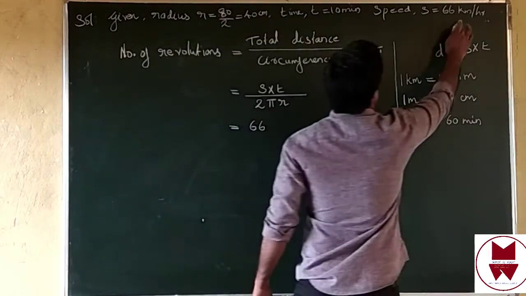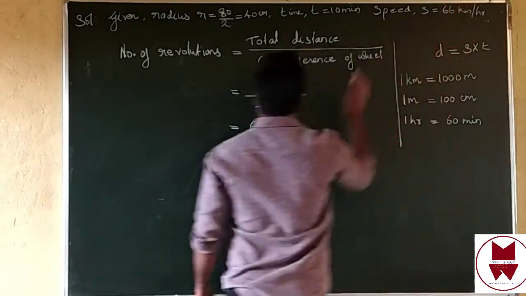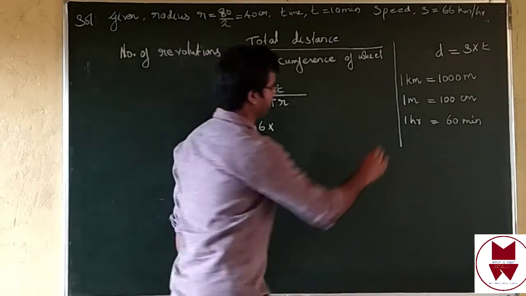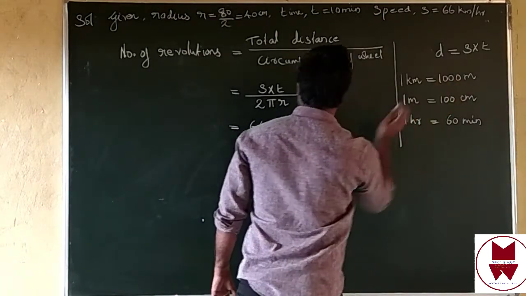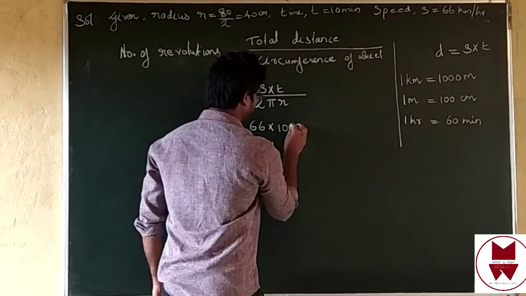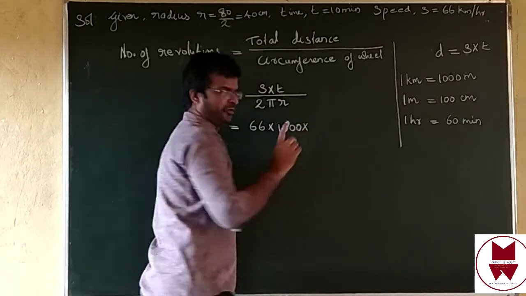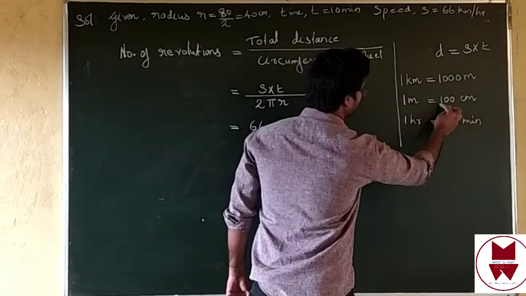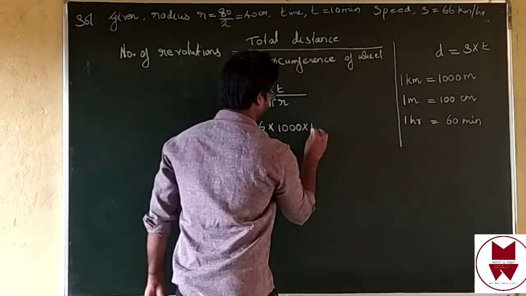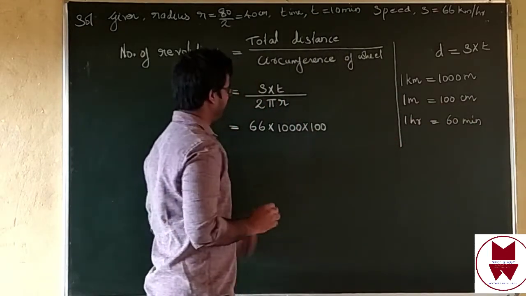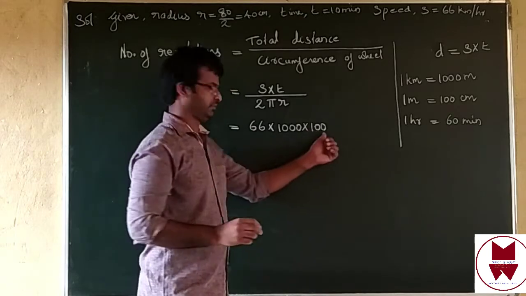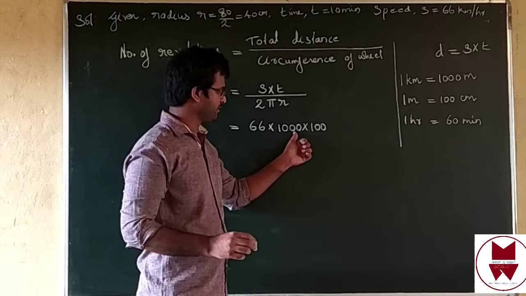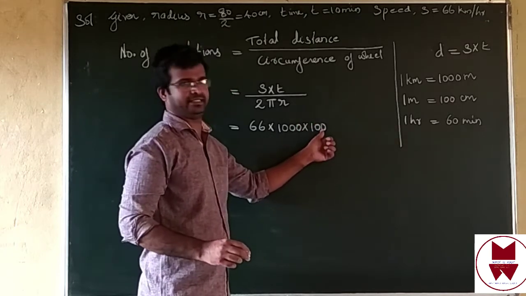First we will change this kilometer to centimeter. 1 kilometer is how many meter? 1 kilometer is 1000 meter, that's why multiply by 1000. We don't need meter, we need centimeter, so again multiply by 100, as 1 meter means 100 centimeter. Now this number becomes whole centimeter, isn't it? Kilometer we first change to meter, again meter to centimeter.